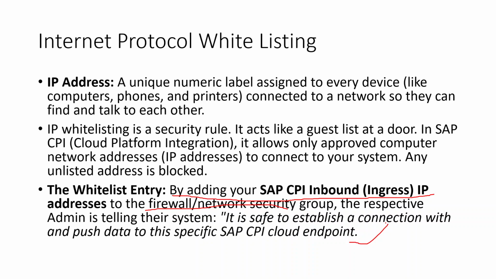Now, how do we find the IP address of our Integration Suite? That is more interesting and important, right? Because our CPI is hosted on a cloud environment, as you all know, it may be AWS, it may be Azure, or it may be an in-house SAP cloud infrastructure, so we should know what region we belong to.